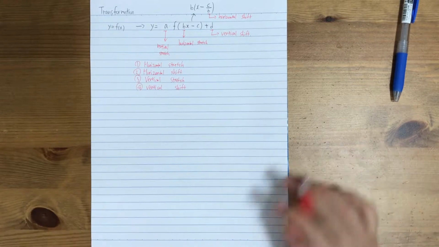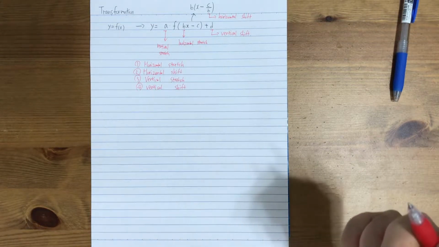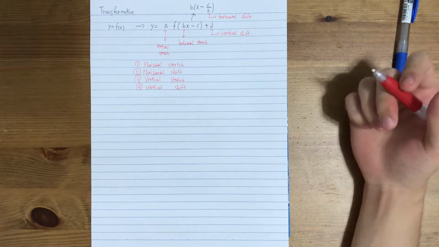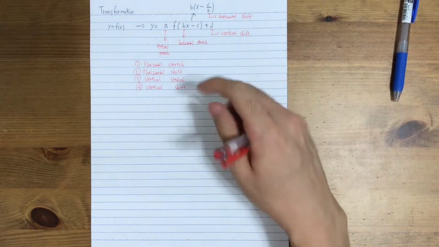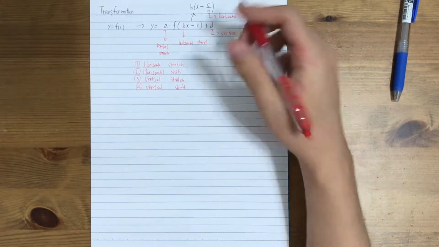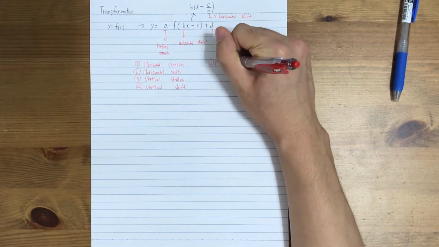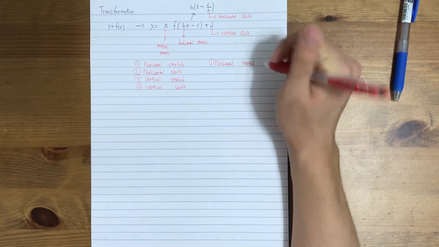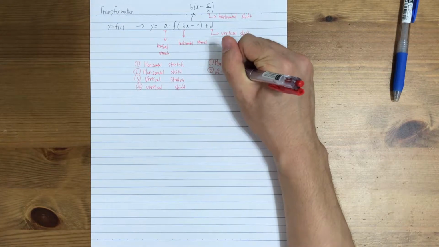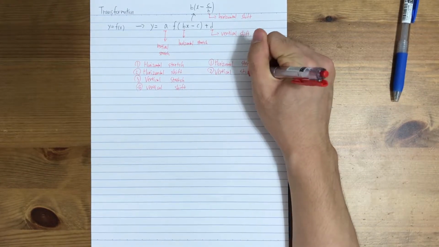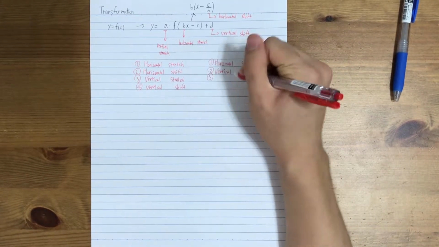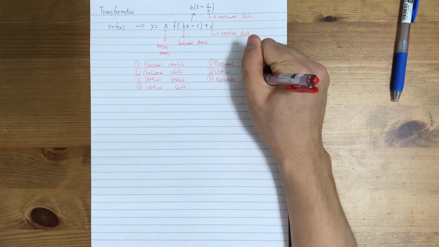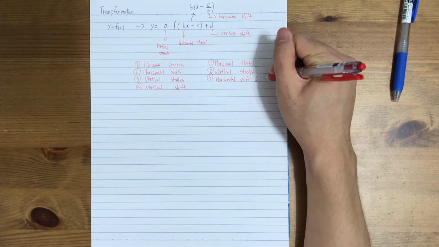So this is the possible order that you can use, but in many of the questions and the textbooks, they group the shift together. So when you have to describe the sequence of the transformation, this is what you should remember: horizontal shift and the vertical shift.